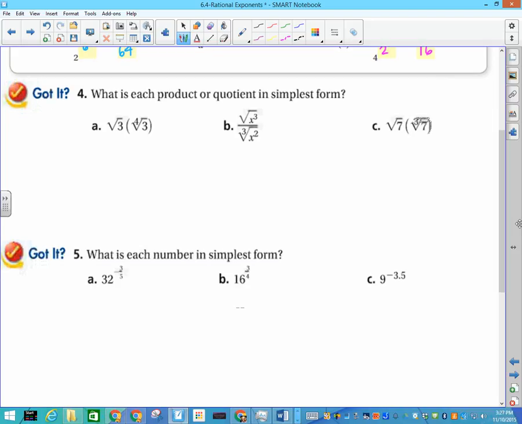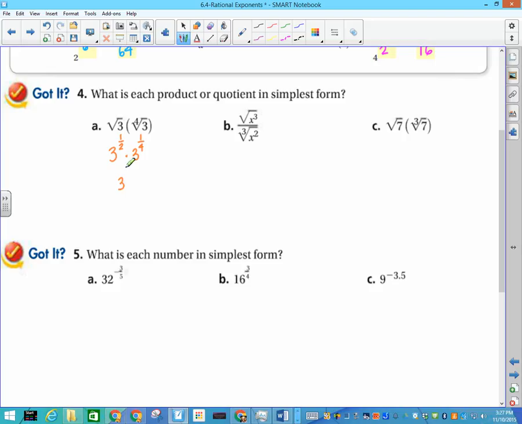What is each product or quotient in simplest form? So, this is the kind, y'all, that before you couldn't simplify because they had different radicands. But if I write it as 3 to the 1/2 times 3 to the 1/4, then I add my exponents because I have the same base.